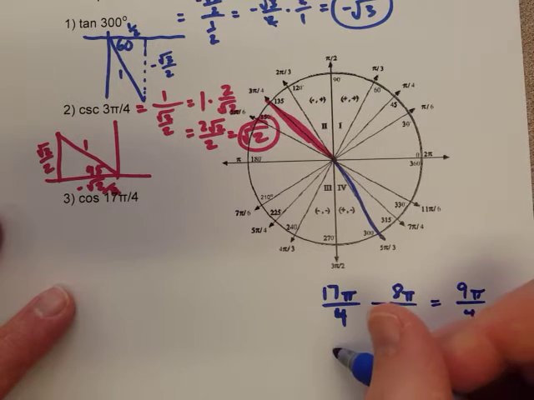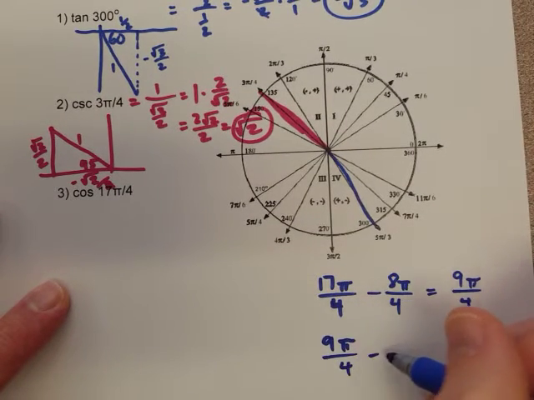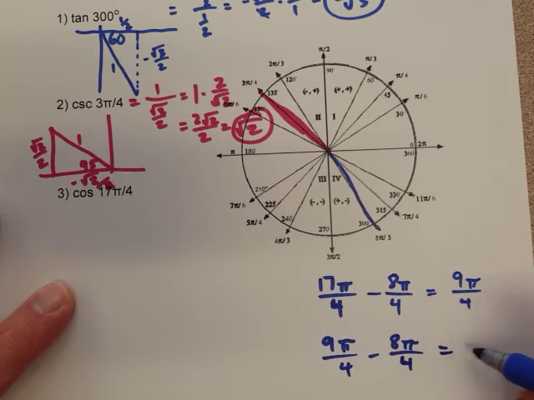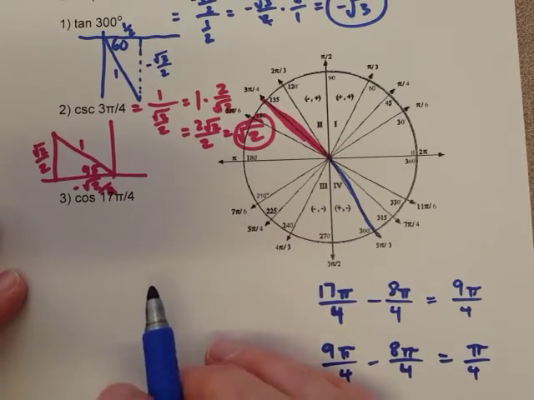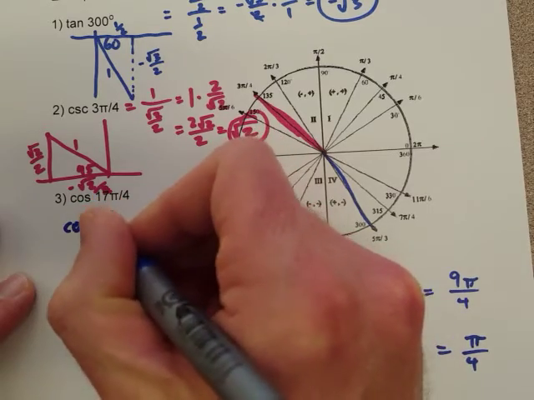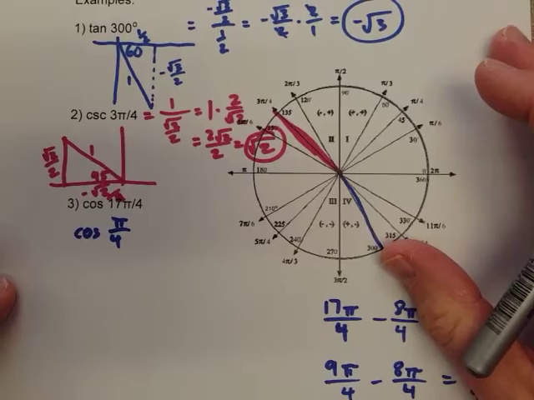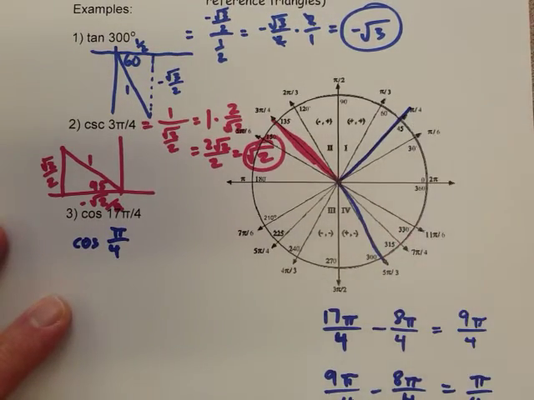So I can also just do coterminal angles again. 9 pi over 4 minus 8 pi over 4, which is going to be pi over 4. So this thing right here, cosine of 17 pi over 4, is really the same thing as the cosine of pi over 4. And if we're doing pi over 4, then we go over here, we look in our unit circle. That pi over 4 is right here in the first quadrant.